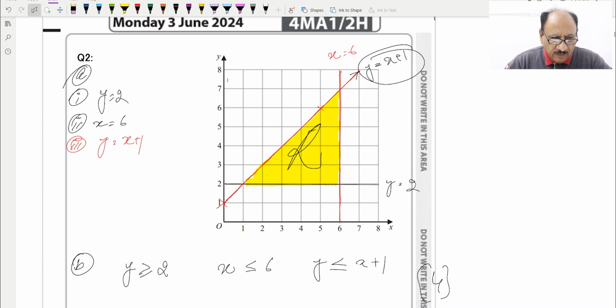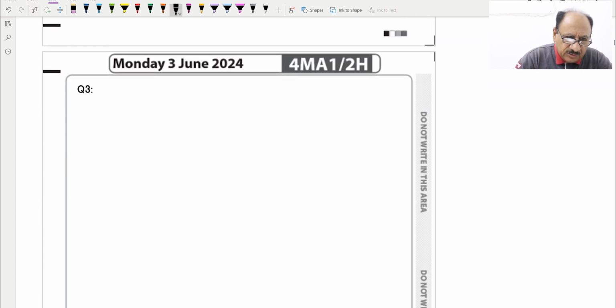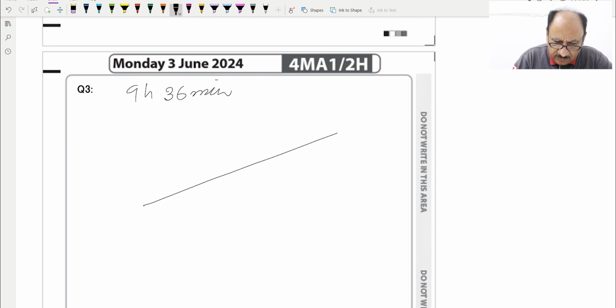Now question number 3 we can solve here. Question number 3 says a plane takes 9 hours and 36 minutes to fly from New Delhi to Perth. For example, here this is New Delhi and this one is Perth.